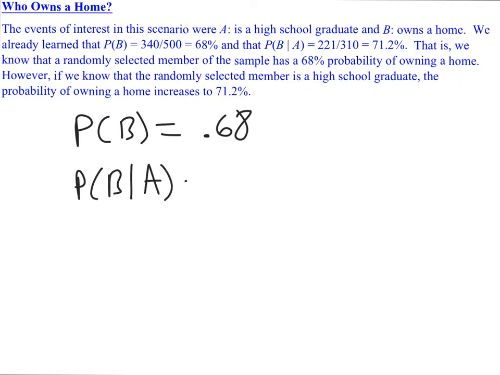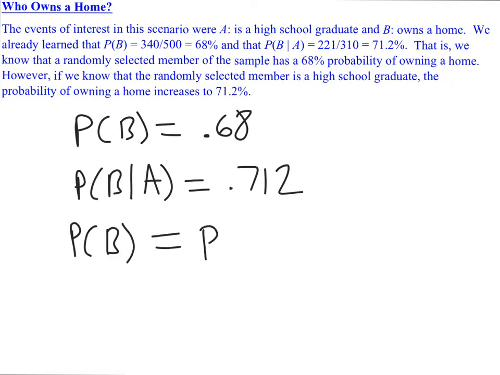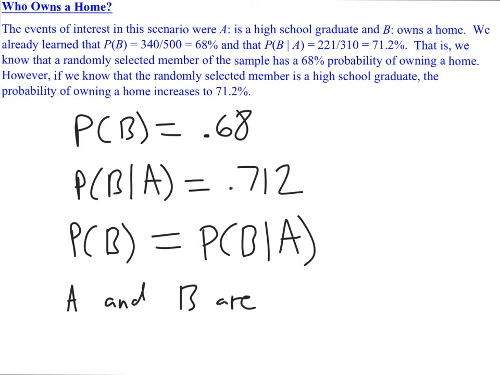If I threw in the condition that they were a high school graduate, the probability changed. You will see that if you calculate an event and then you calculate it again under the condition, and if they are still the same, we are able to establish that A and B are independent.